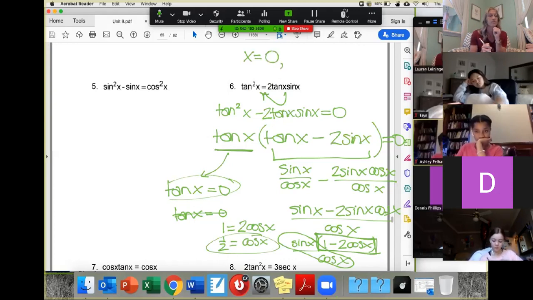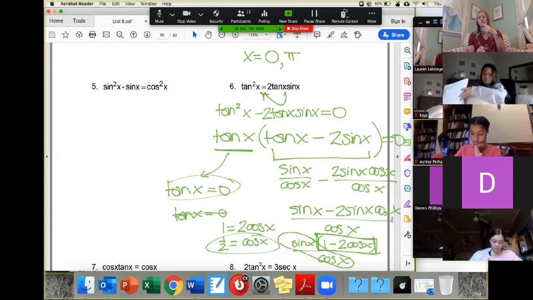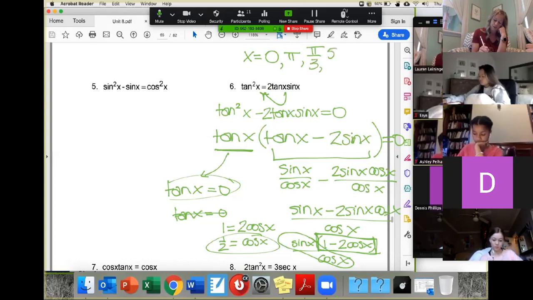So where else? Pi. Good. And those will be the only two places because 0 goes with pi and then it goes again with 2 pi, but we're not including 2 pi. Then I would say where is cosine 1/2? We just did that one, so I'll quickly just remind you that was pi over 3, 5 pi over 3.